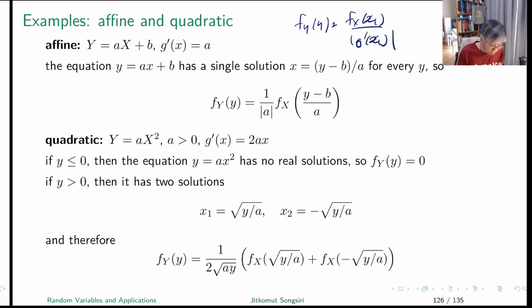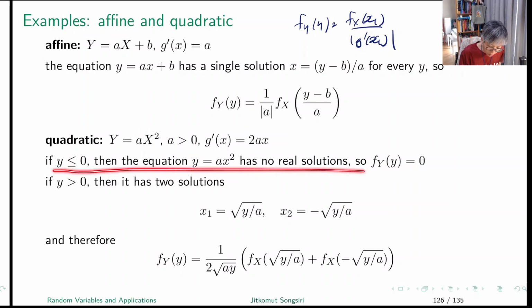With the previous quadratic function, now I put a general coefficient in the quadratic form, whenever a is positive, all right? You know that first, let's talk about the range or the sample space of y. When a is positive, certainly y cannot be negative, okay?